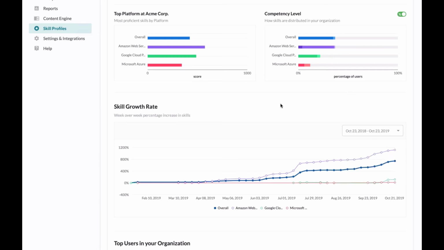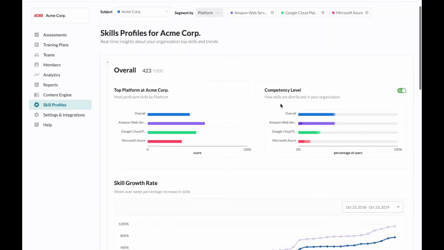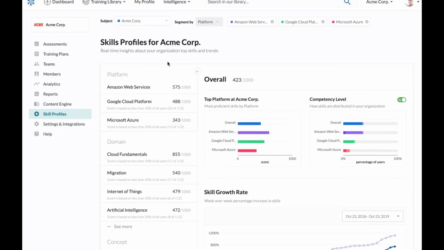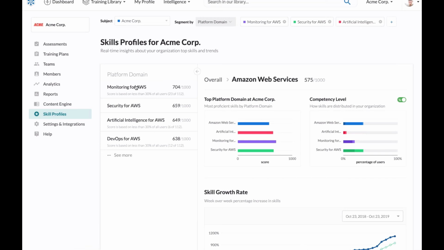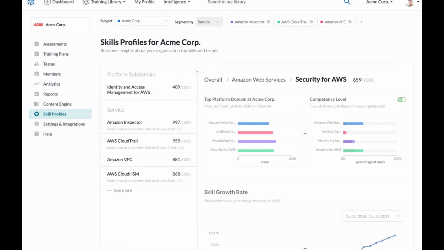But here we are looking just at the overall score. You can also dig deeper and see all the various skills. For example, let's suppose that I want to check, among my Amazon users, the status of security.